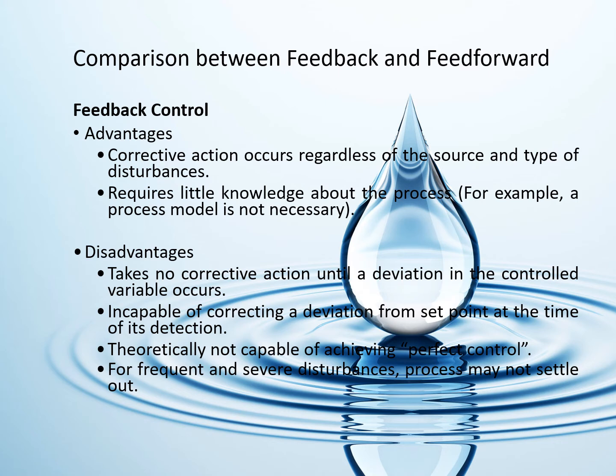That means if the deviation occurs at the input, this feedback controller cannot cater to the problem because it only takes corrective action at the process variable, which is at the output. Theoretically, this feedback control is not capable of achieving perfect control.